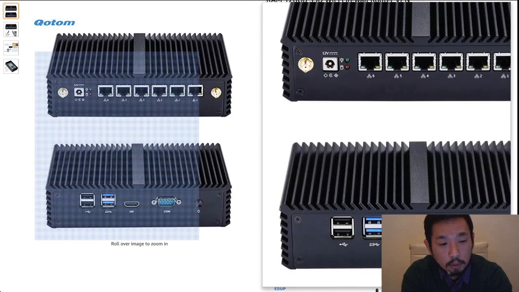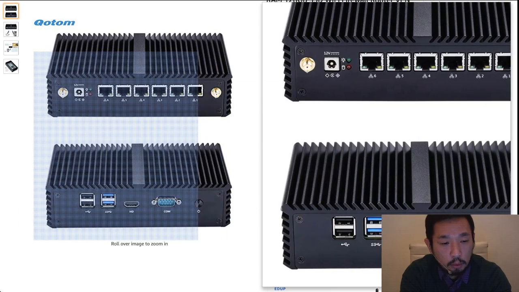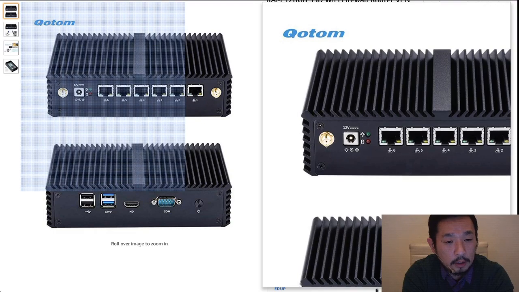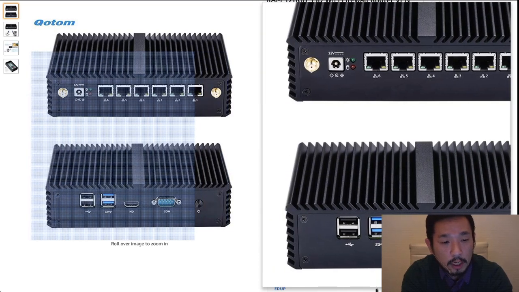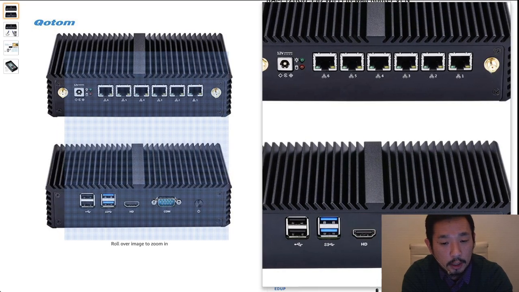They have USB ports, which are universal serial ports. USB is neither universal nor serial. Discuss amongst yourselves, but whatever. This one also has Wi-Fi. It's not very good Wi-Fi. I don't recommend using it for your network, but it's there if you want it.